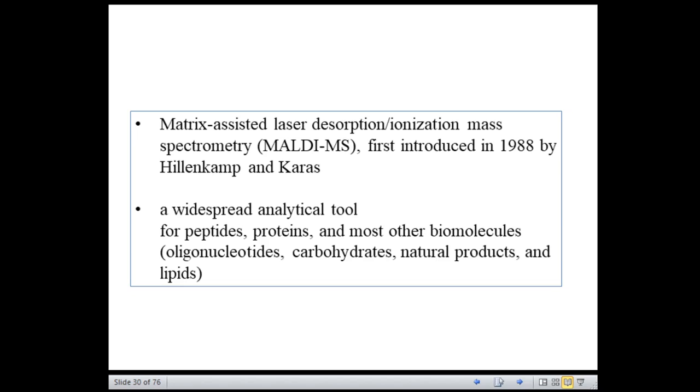This ability to generate such accurate information can be extremely useful for protein identification and characterization, which makes MALDI an exclusive analytical tool to study peptides, proteins and other biomolecules.